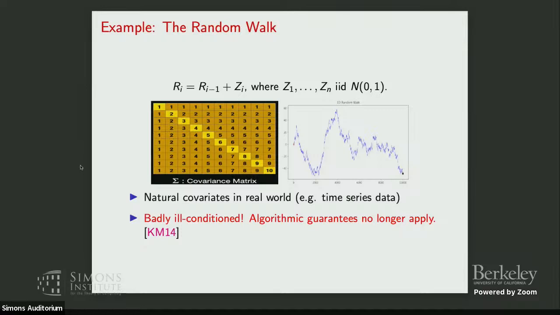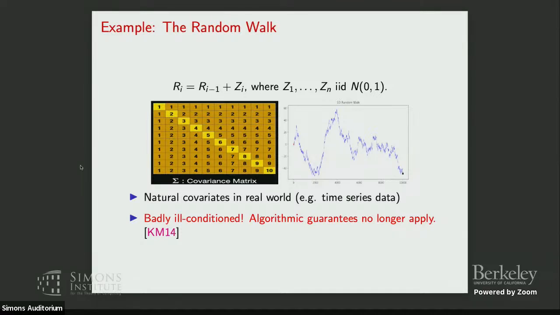So here you should think of X_i as just for the random walk setting. You have n random variables as before, they're all Gaussian, but they're generated as follows. I have IID Gaussians Z1 through Zn, which are latent. And the ith variable that you actually see as covariate is your (i-1)th variable plus this independent Gaussian Zi. So the ith variable is just the sum of the prefix of the Z's up to i.